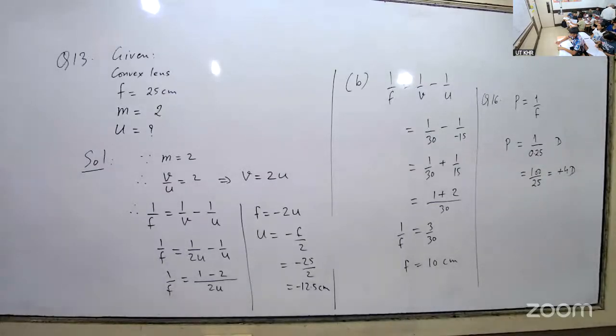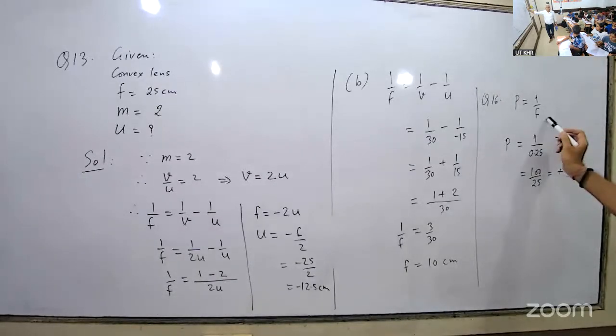Only then you'll get the answer in dioptre. Power is defined as 1 by focal length. It is given in centimeter, so centimeter to meter, then the power. Okay. Always in power questions, focal length has to be converted into meter.